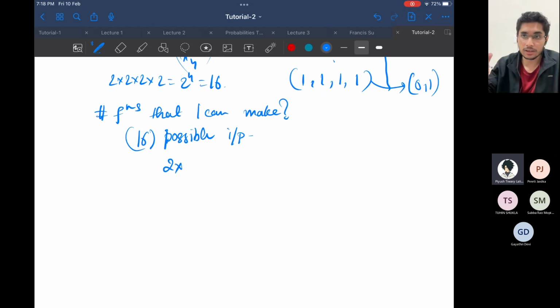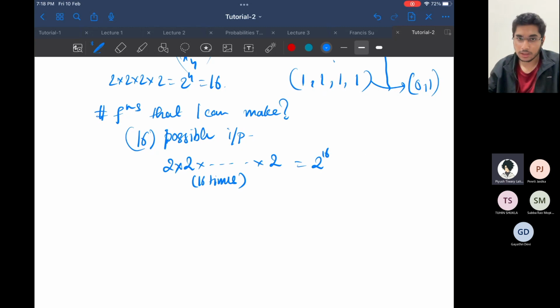Similarly, the second input can have either 0 or 1, again two values. This thing will happen 16 times. So this is going to be 2 raised to 16.